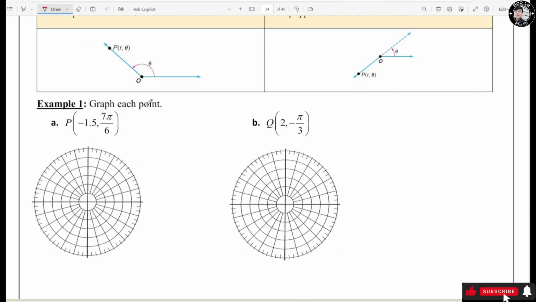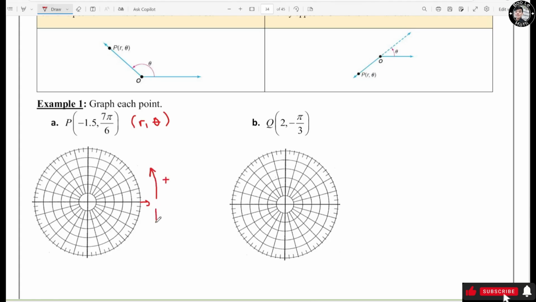Graph each point. This one is the polar coordinate, which is radius and angle theta. This is the polar axis, and this is the initial ray. If you go in the counterclockwise direction, the angle is positive.